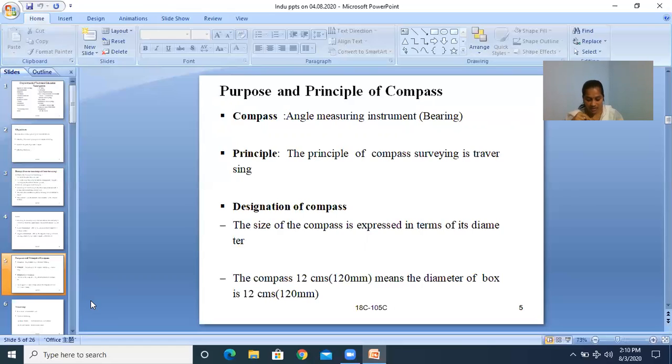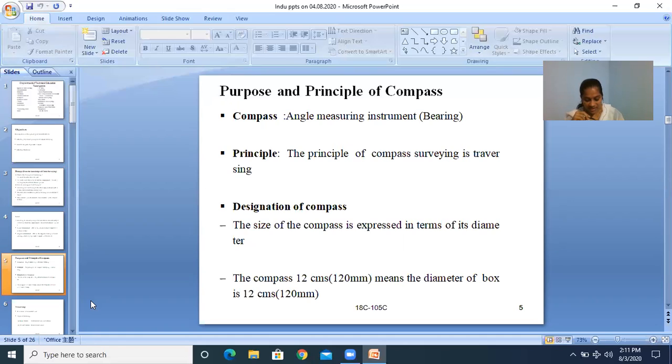However, when the area to be surveyed is large, chain surveying alone is not sufficient. The directions and the angles also have to be measured. When the area is large, and if there are any undulations, chain surveying alone is not sufficient. Then we need another angular measurement instrument.